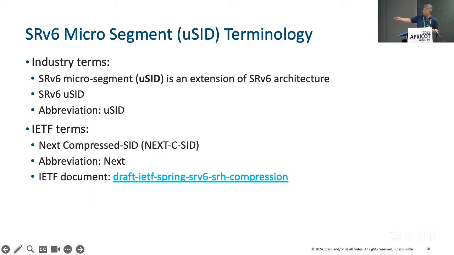Cisco created these micro segments, and the abbreviation is uSID, and the IETF standard calls it compressed SIDs. I come from Cisco, and this tutorial is purely technical, so I don't want to get into the terminology, how the different names came about. That's all fine. Let's just focus on what we have been trying to resolve. Does that make sense? How these things work in the industry?